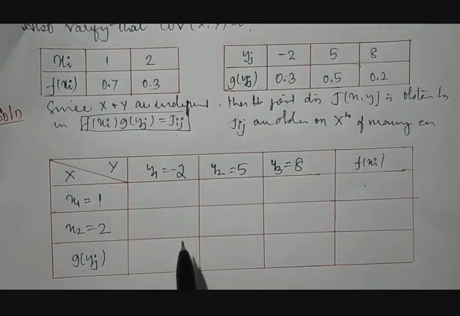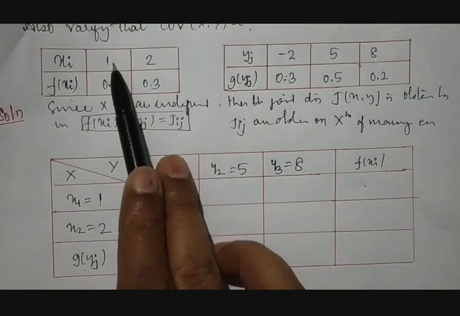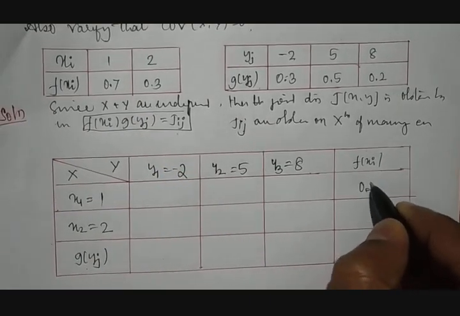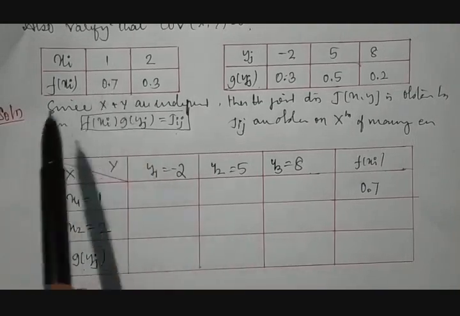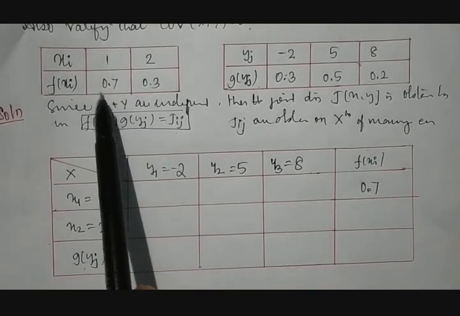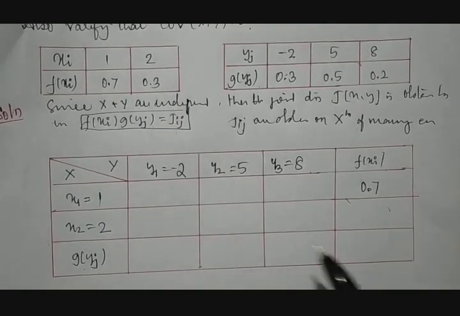With these values, if we take the probability for this x1, addition of all these things will be 0.7. It is already given in the table. So probability of x1, that is 1, is 0.7. Probability of 2 is 0.3.